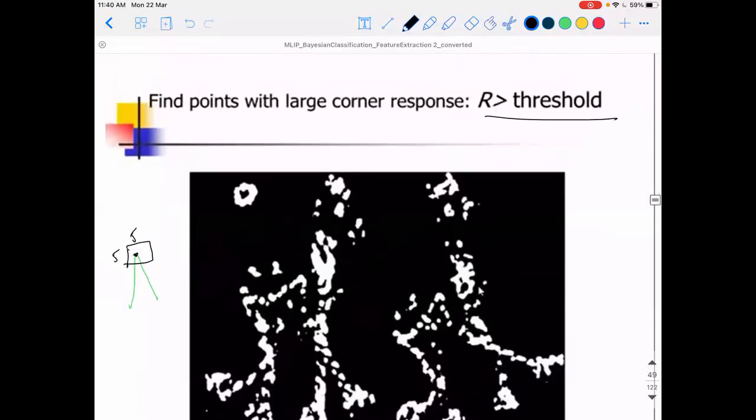That means you have a matrix of R values, of whatever the image size. Let this be 100 cross 100. On this matrix of R values, I will perform non-maxima suppression. I take each 5 cross 5 window and see which is the maximum, and retain it only if the center pixel is maximum. If it is greater than the neighboring pixels, I will retain its value.